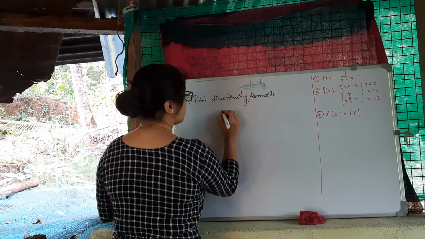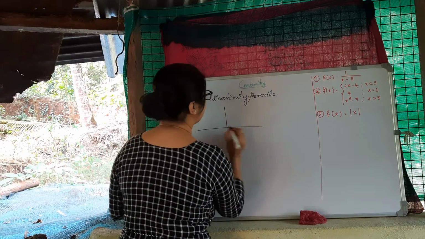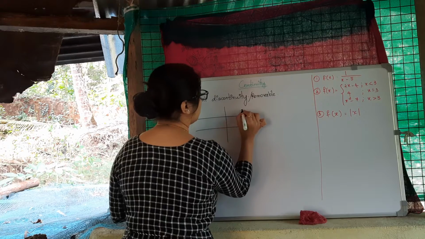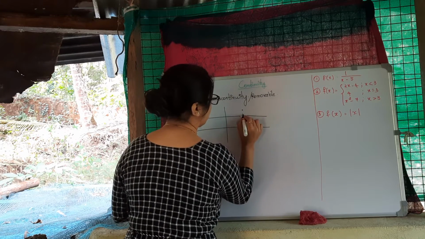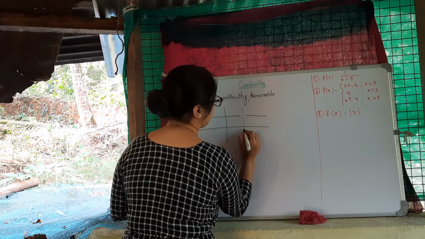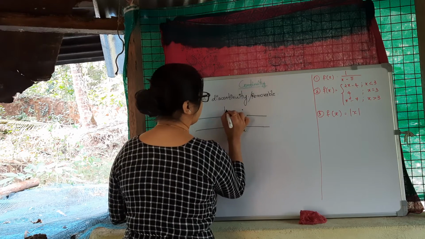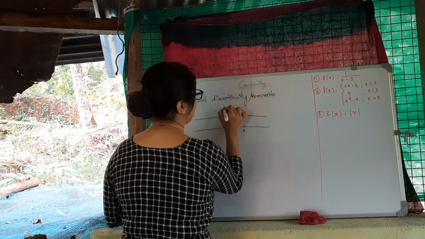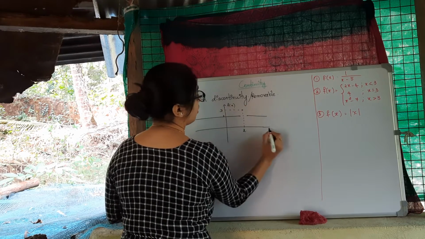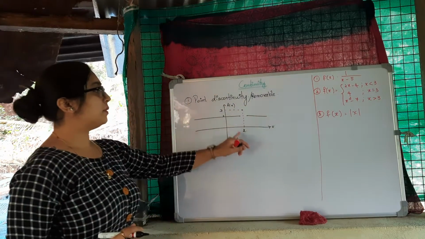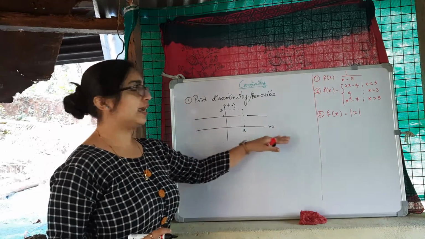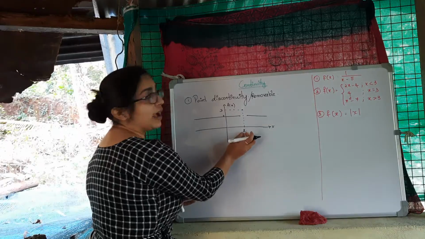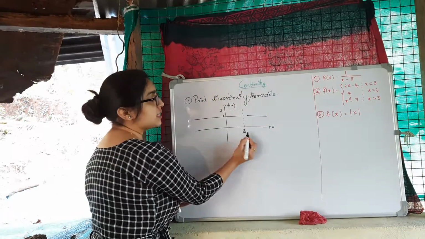Here, see, this is the left hand limit, this is the right hand limit, and this is the value of the function at x equal to 2.